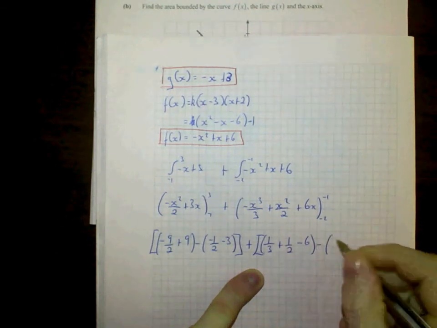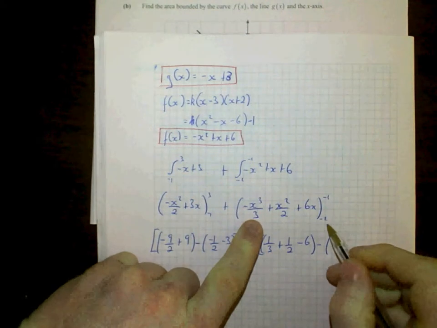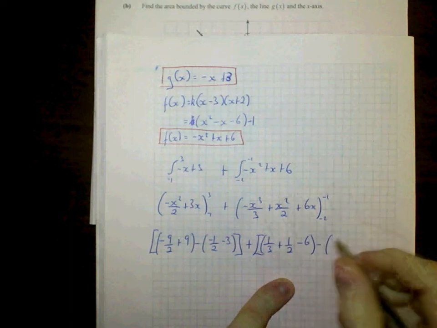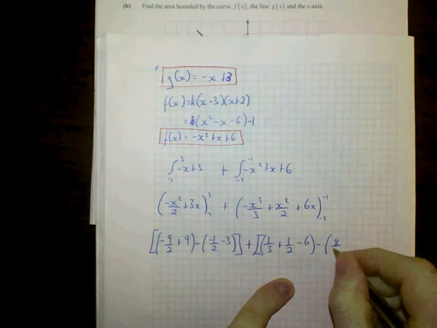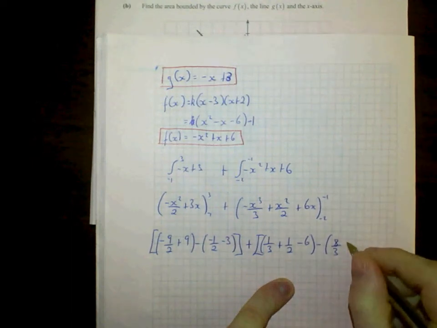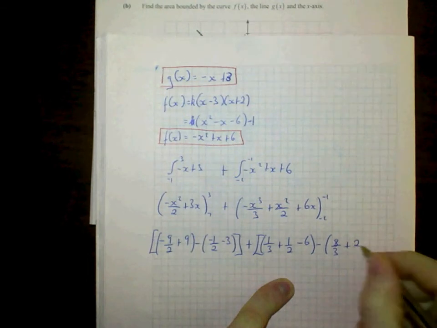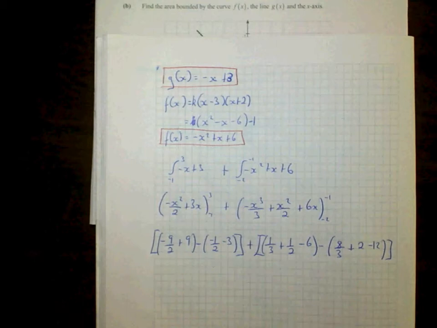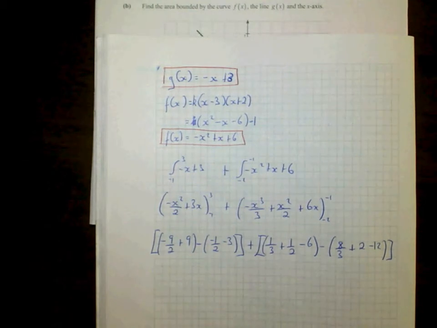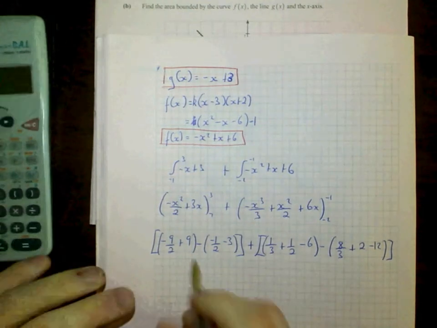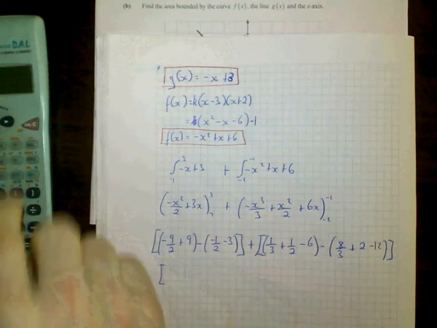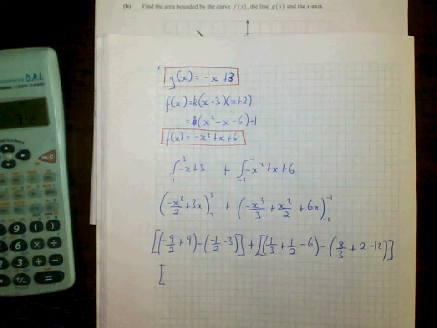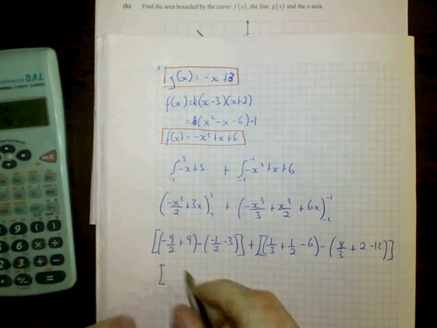Minus this one, which is what? Minus 2 cubed is minus 8, with the minus in front, plus 8, plus 2 minus 12. Excuse me. Now I'm going to throw it into my calculator, so I get minus 9 over 2 plus 9 equals 4.5.